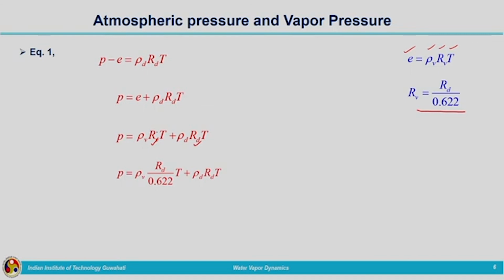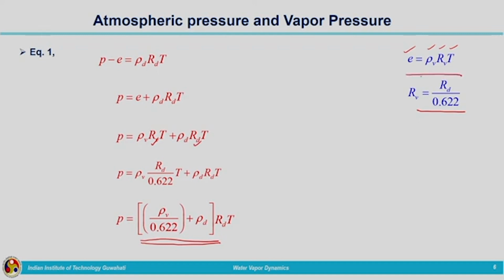Now you look at the expression, you have Rd T in both the terms. So, we can rearrange this equation for P: P is equal to Rd T multiplied by rho v divided by 0.622 plus rho d. This way we get the expression for total pressure P.